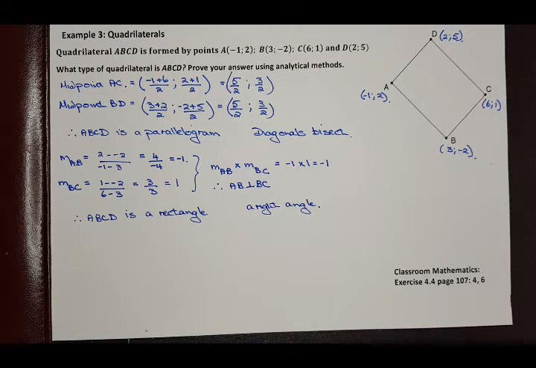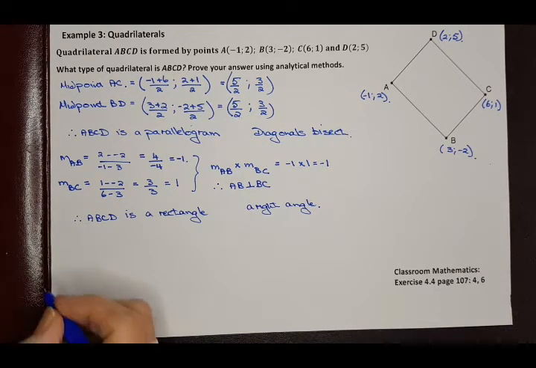Okay, well, shall we see if maybe ABCD happens to be a rhombus? And probably the easiest way of checking to see if it's a rhombus is to see if our diagonals bisect each other at 90 degrees. Or what we can do is we can work out lengths. And I'm going to use lengths in this case just so that I've gone through a number of different formulae.